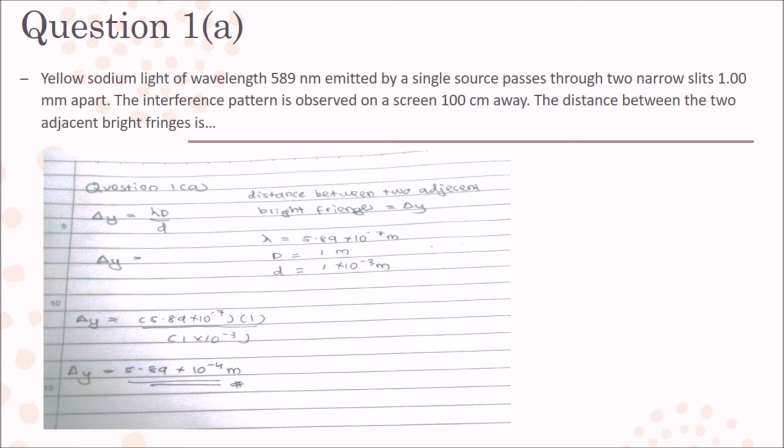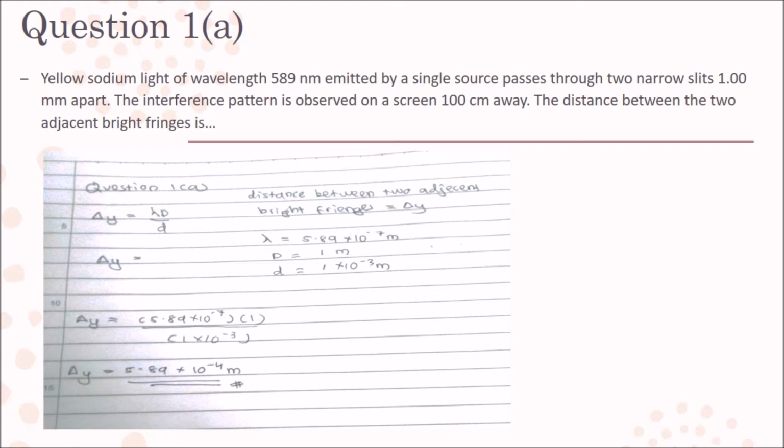From the question, the distance between two adjacent bright fringes represents delta y. In the formula, delta y equals lambda times D, the capital letter D, over d with small letter.